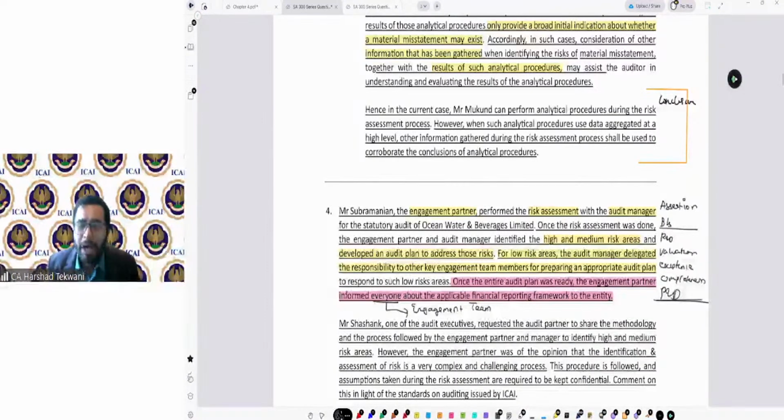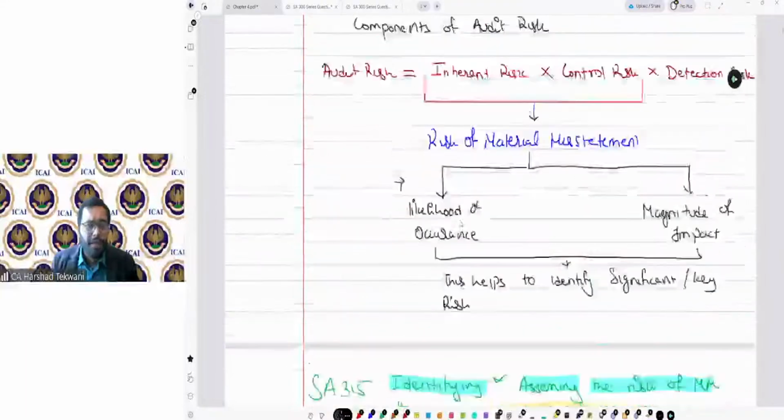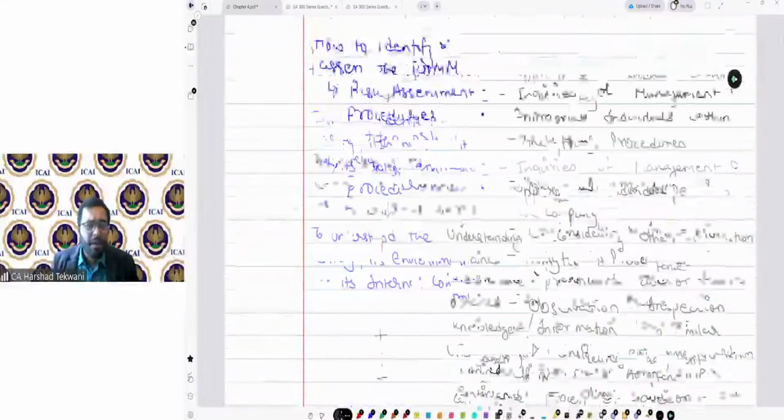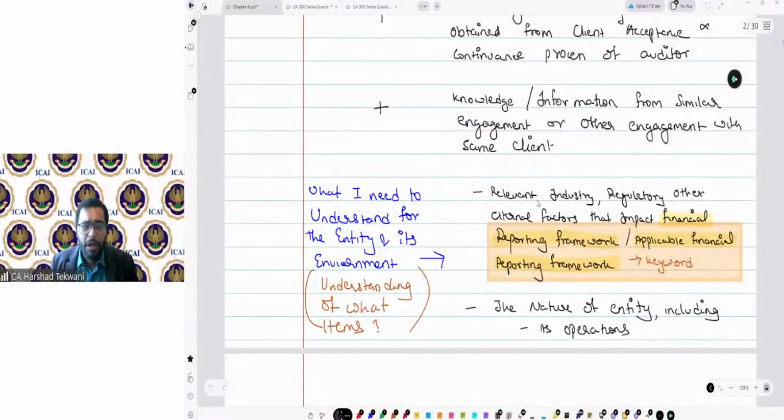The first part of that is understanding the entity. Leave the audit plan as of now. What we discussed in the last lecture itself, while understanding the entity, we need to first understand the financial reporting framework, relevant industry, regulatory, and other external factors that impact the financial reporting and the applicable financial reporting framework.